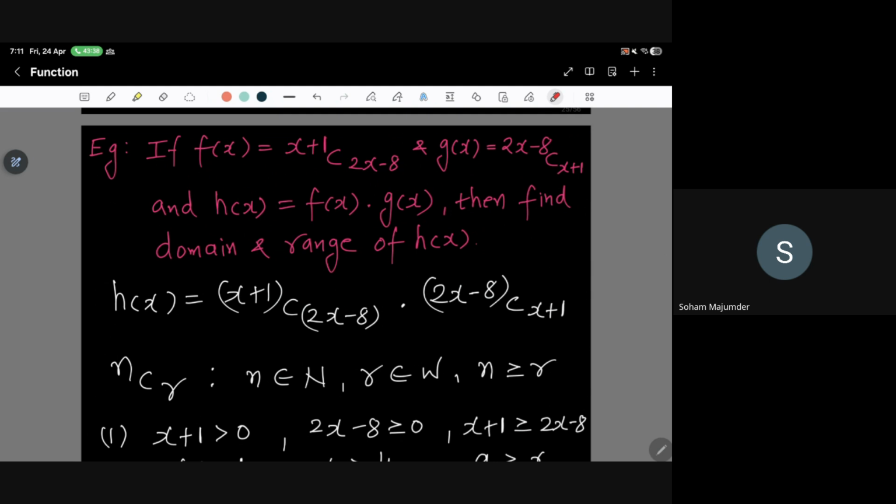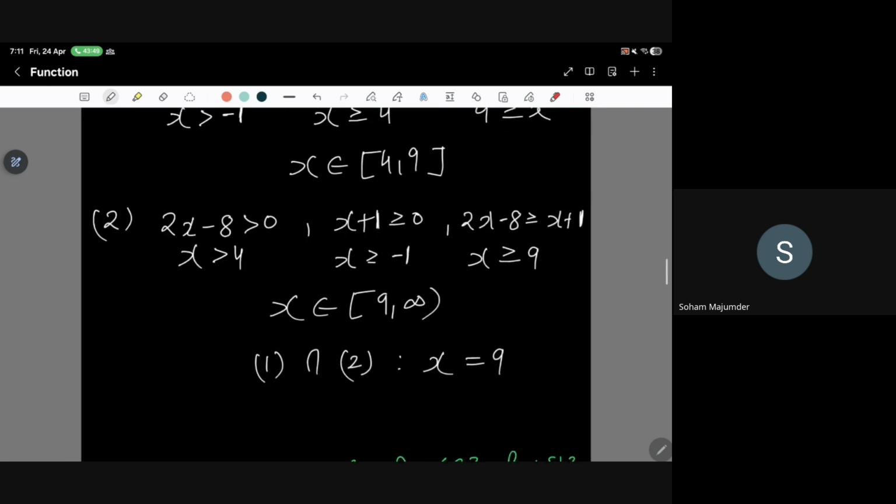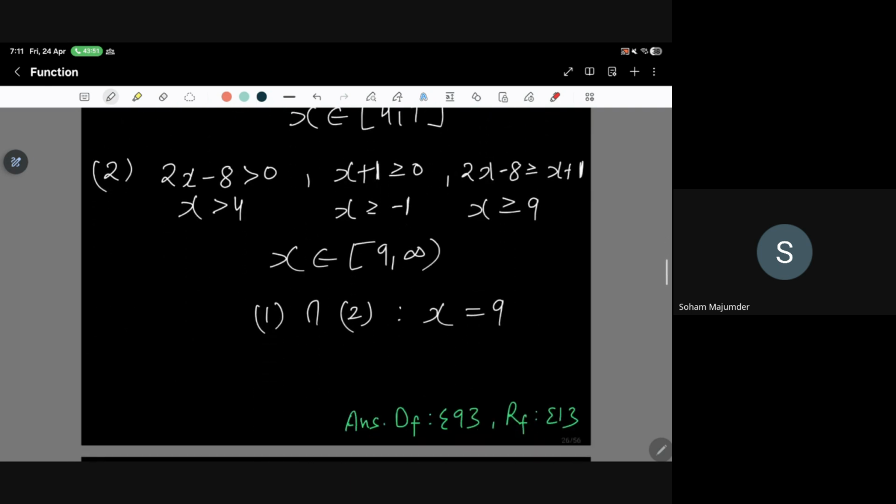So just substitute here. 9+1 is 10, and 2×9−8 is 10. So 10C10 is 1. This also becomes 10, this becomes 10. So the range of the function is 1 and this is our domain.